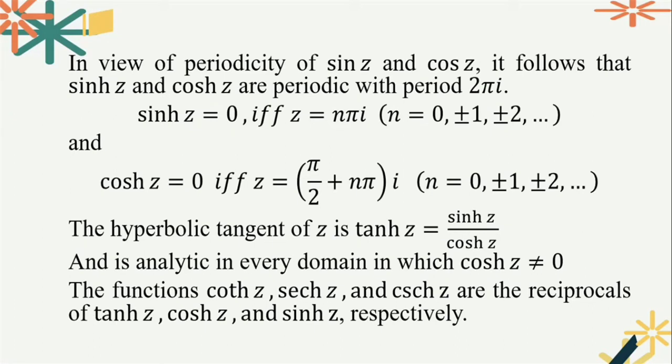The hyperbolic tangent of z is tanh z equals sinh z over cosh z, and is analytic in every domain in which cosh z is not equal to 0.